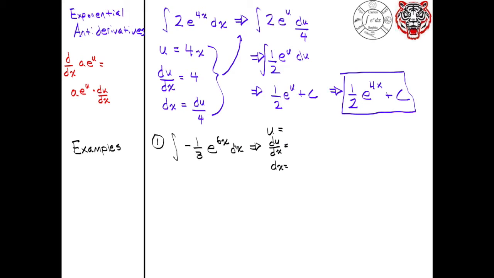So u will be, remember, it's in the upper tree house, up in the top of the tree house, 6x. Du/dx is therefore 6. Dx is du divided by 6. And that will change our equation to become, I still have my -1/3 e, instead of to the power of 6x, it's now going to be to the power of u. And I have a dx, but dx is du over 6, so I'll sub in du over 6.